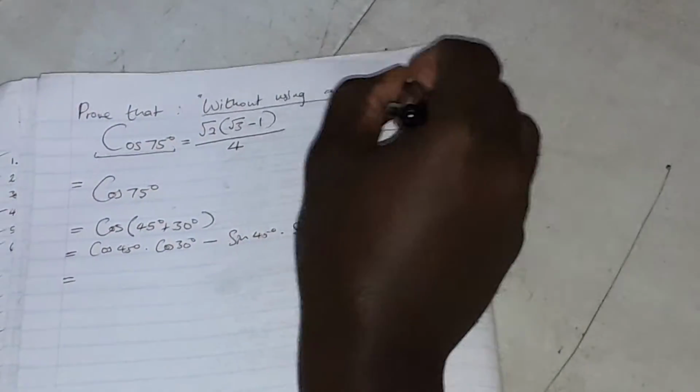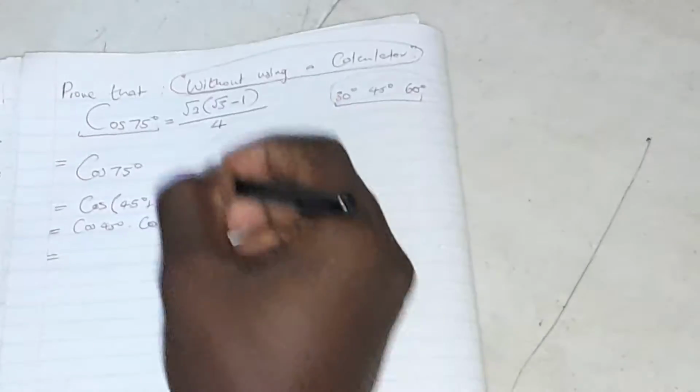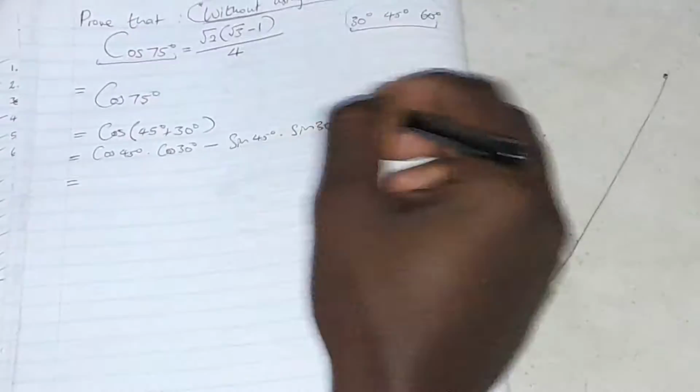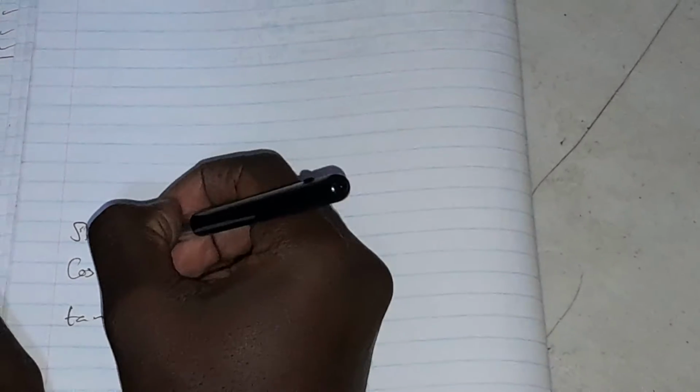Now remember guys, they said we should solve for this without using a calculator. Therefore, we should not see any decimal number here, and we should also utilize the table of special angles to solve this problem. Remember, we have three trigonometric ratios that you should use for solving this question, which is sine, cos, and tan.